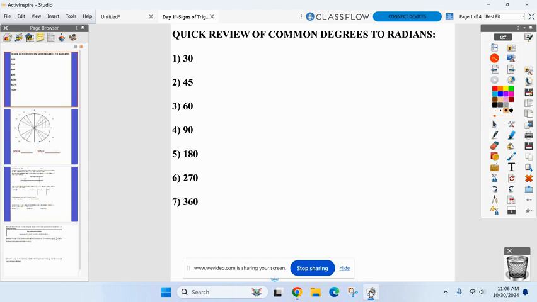All right, here we go. I always want to do this just to make things go quicker so we don't have to go to the calculator. If you want to turn 30 degrees into radians without using your calculator, not the points on the unit circle, going from degrees to radians. So 30 degrees in radians is pi over 6. 90 is pi over 2. 270 is 3 pi over 2.